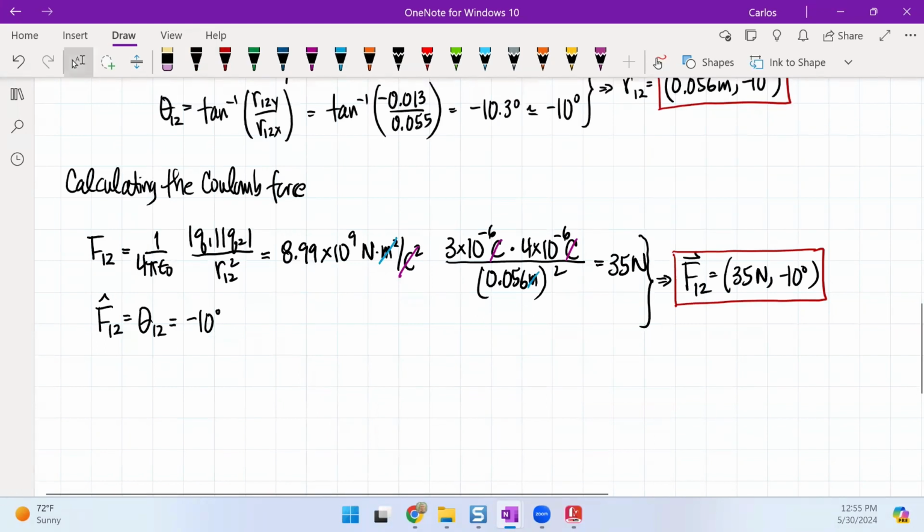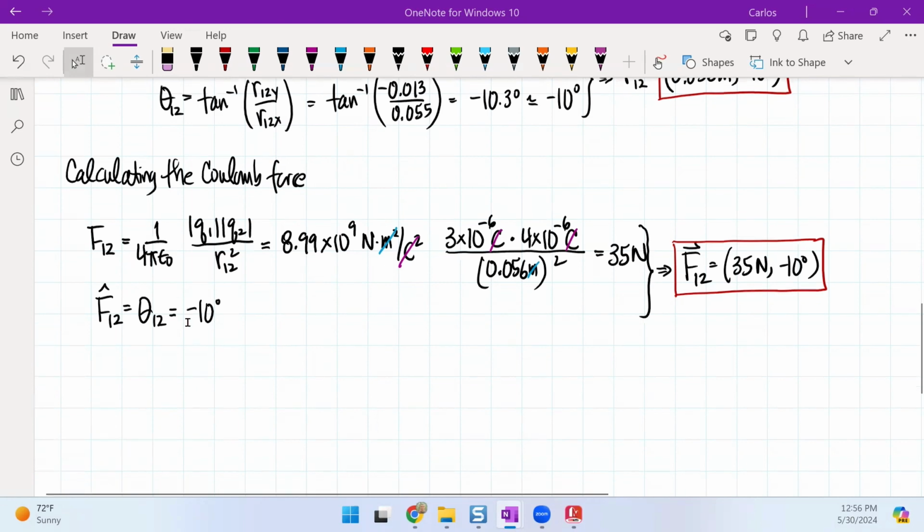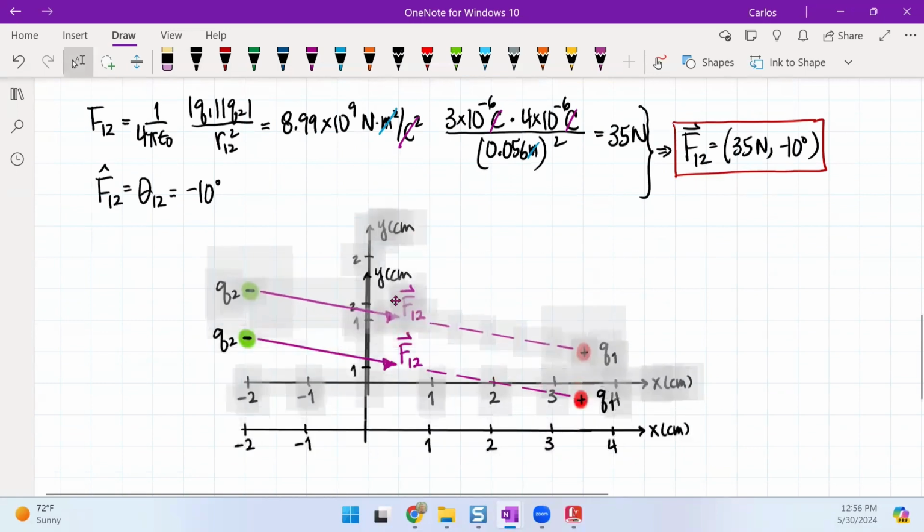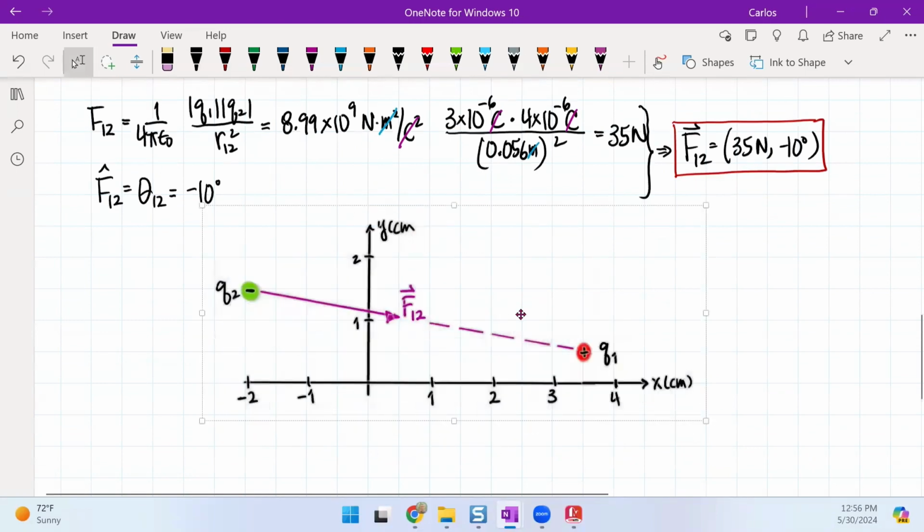So let me see if I still have it. If I come back and grab the image that we drew before, and put this in here again, just one more time, I went back up and stole that image. Here's what I'm seeing here.